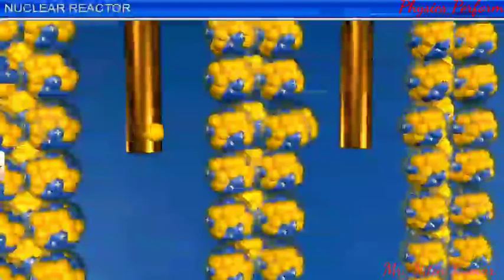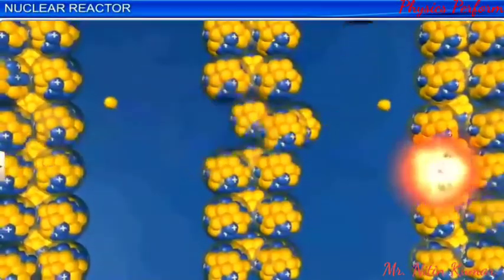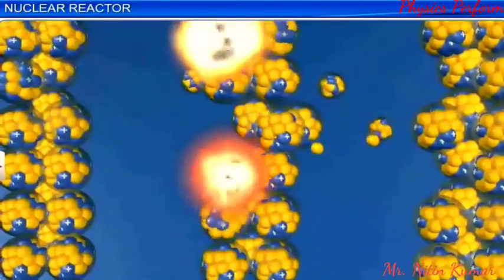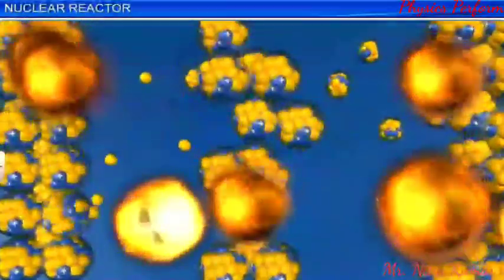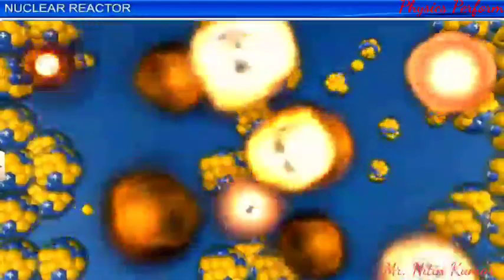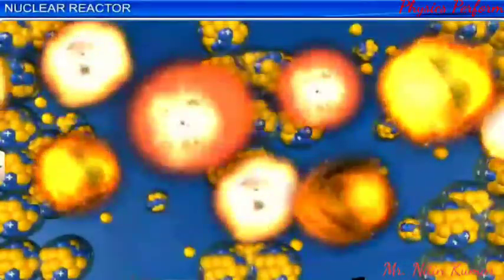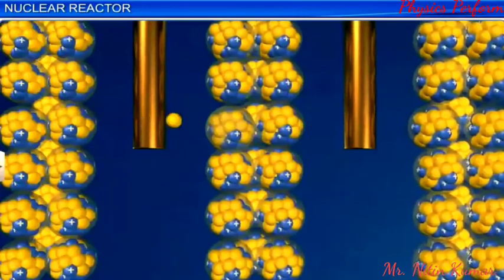If the cadmium rods maintaining the critical state are now drawn out of the reactor, then more neutrons will be available for further fission and the multiplication factor K becomes greater than 1. Thus, the fission rate increases rapidly and leads to an explosion. Again, consider the case when the reactor is just critical.